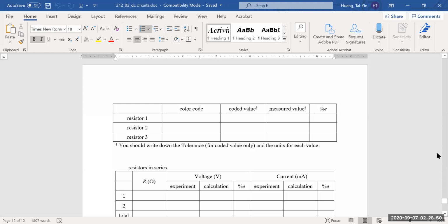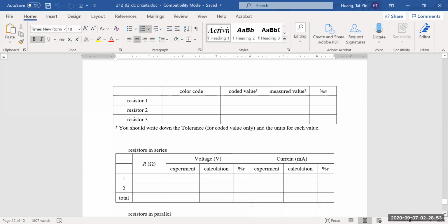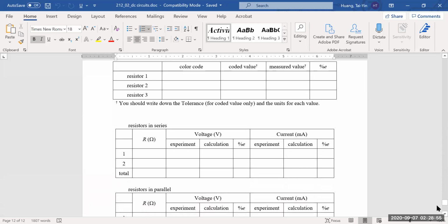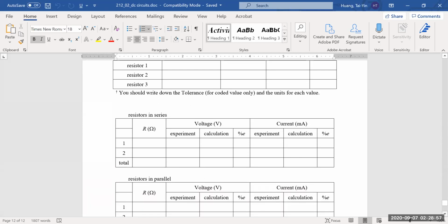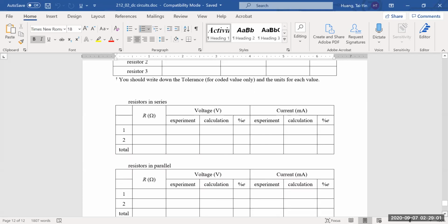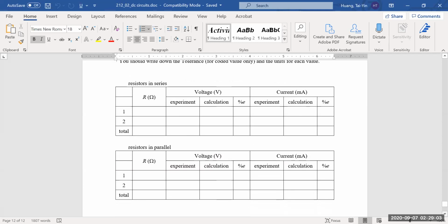So that is your first part. The second part is that you'll be given two resistors, and you're going to connect them either in series or in parallel, measure voltage and current in each configuration, find the theoretical value, and then compare those two values to get the percent error.